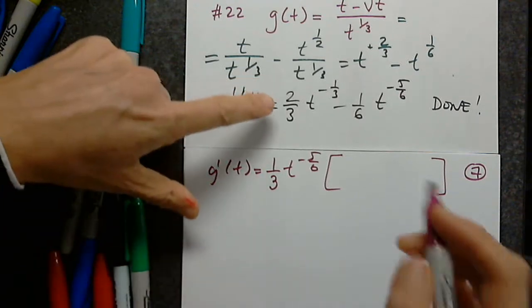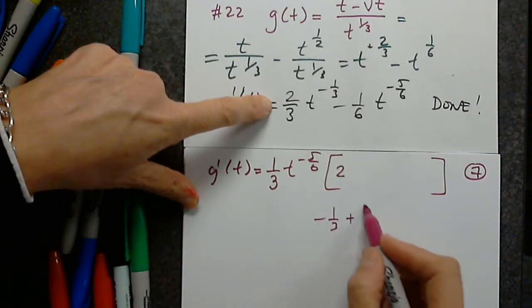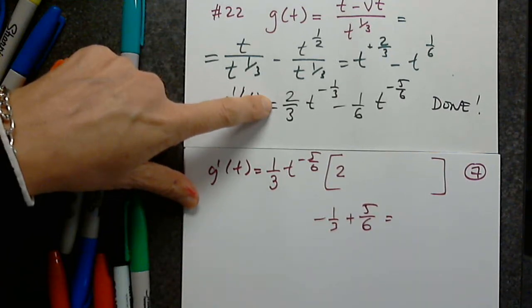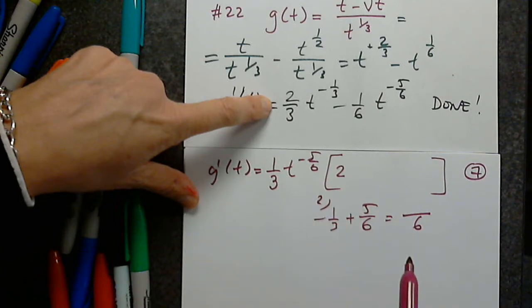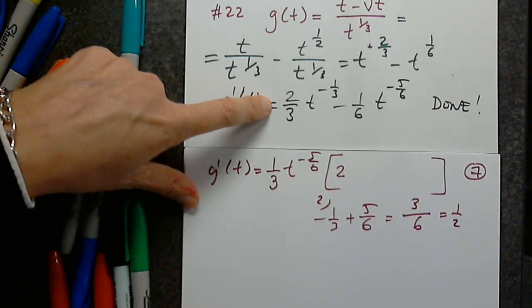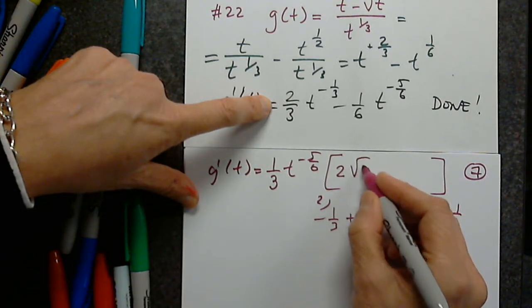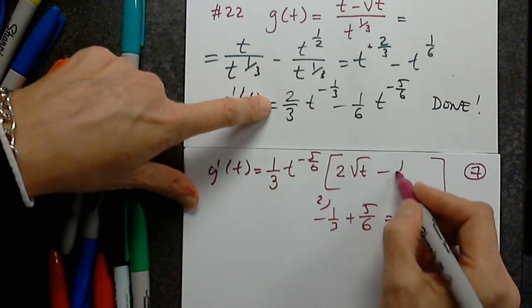So then I have 2. From negative 1/3, I subtract 5/6. So the least common denominator is 6. And I need a 2 here. So 5 minus 2 will be 3. So this will be 1/2. So then I have the square root of t inside. And then minus 1/2.